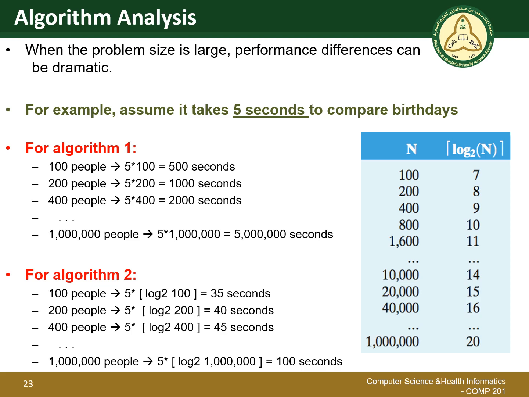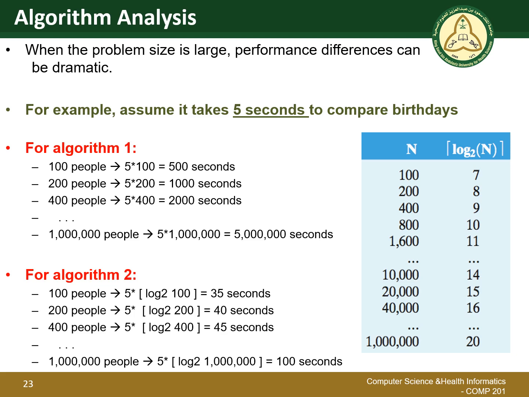So 100 people معناه for each one I need 5 seconds. So 5 seconds multiplied by 100 equals 500 seconds and so on. لو عندي 1 million people معناه 5 multiplied by 1 million equals 5 million seconds. Days, weeks.